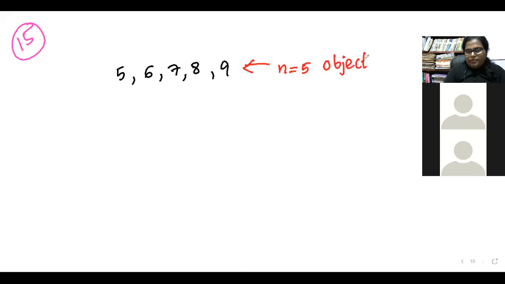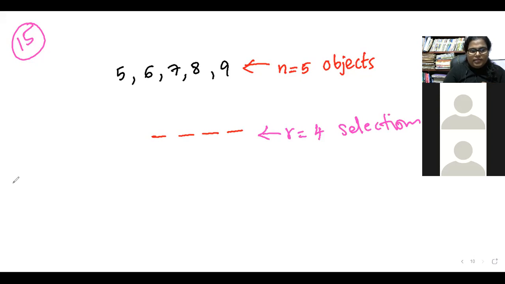They are asking how many arrangements we can make to form a 4-digit number. So we have 4 selections here, and you know that it is a permutation.